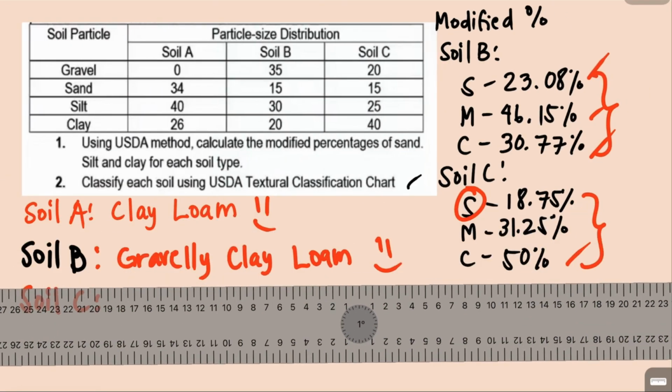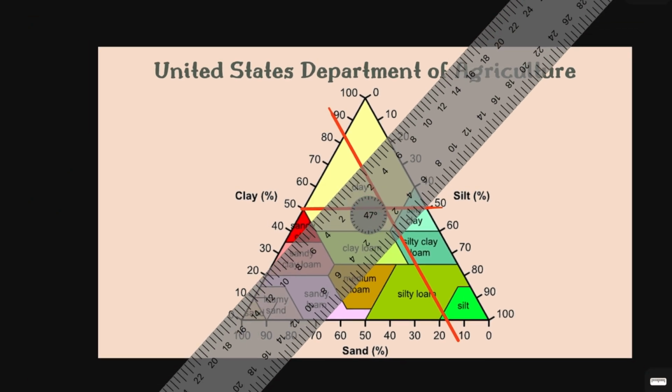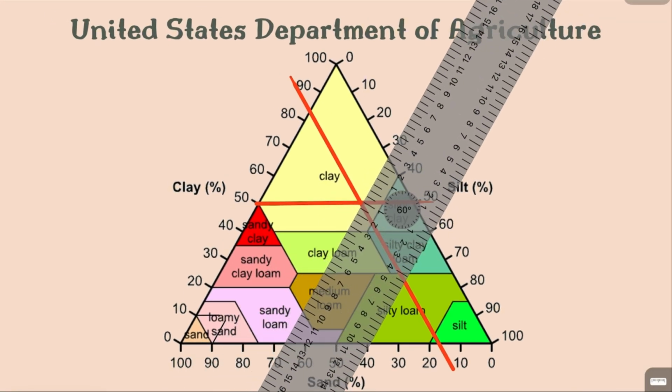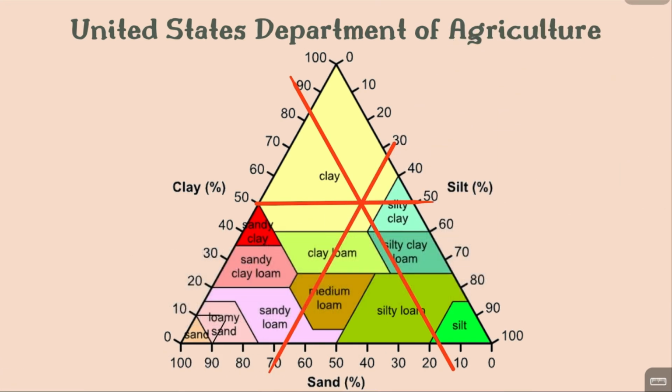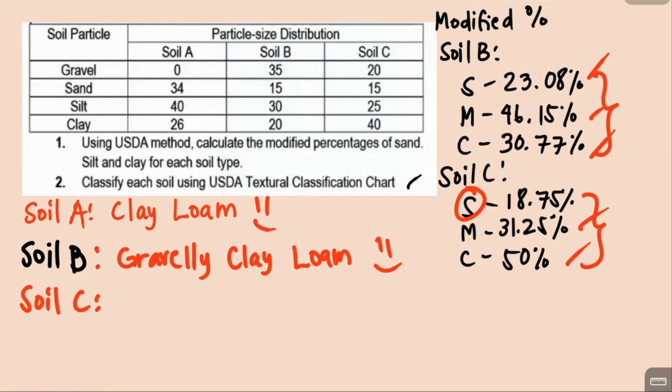Then following the last, silt, 31.25%, is right about here. The intersection landed on clay, so the classification for soil C is clay. But since we disregarded gravel, we will consider it again. So the reading is gravelly clay.